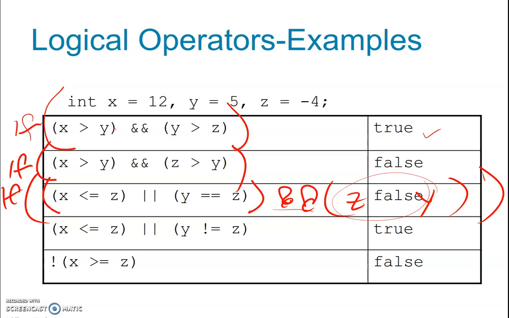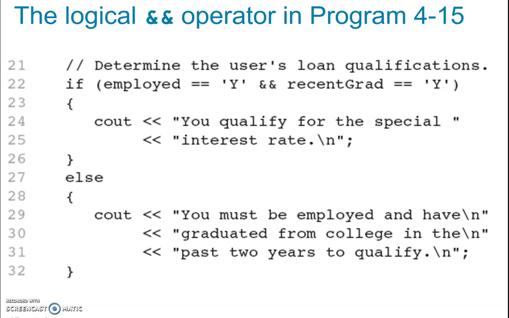The compiler is going to read it left to right otherwise. The and does have higher precedence over the or. So you do need to be careful when constructing a statement of this type. So here we can see the idea that they tested as long as they both are true.